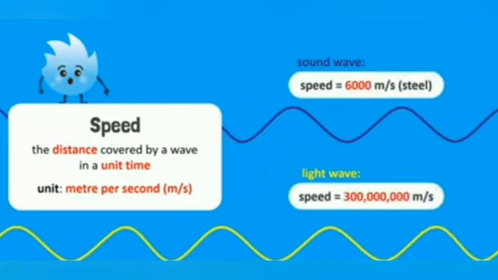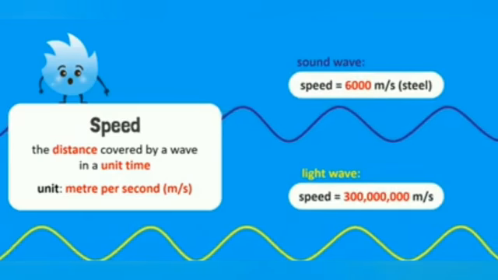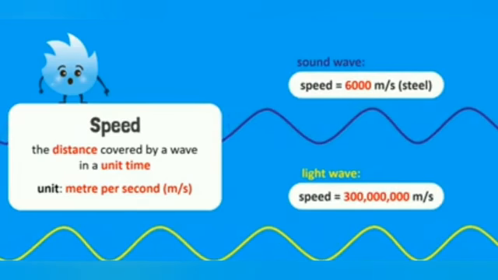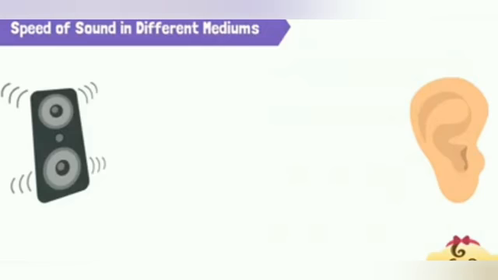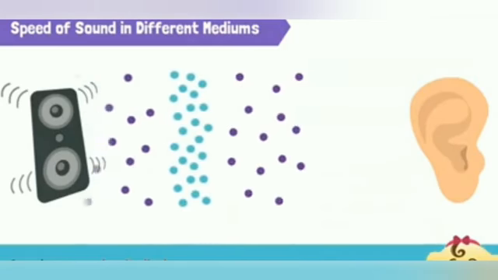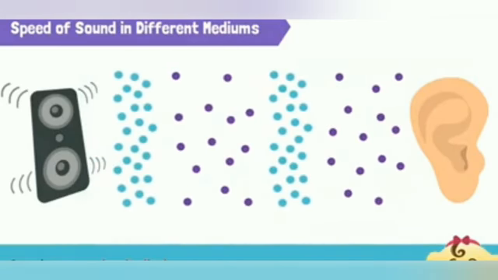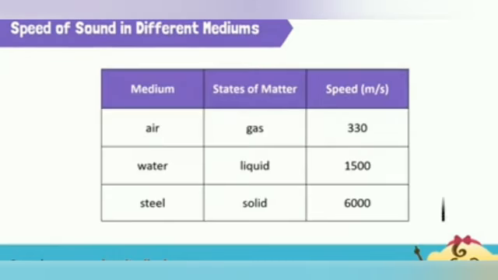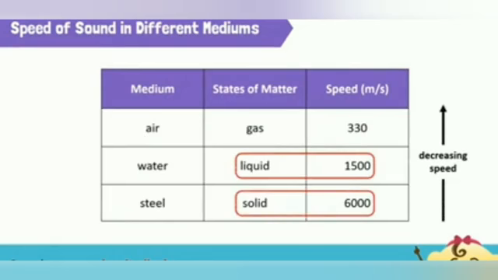Light waves travel faster than sound waves. So, we see the light before we hear the sound. Sound waves are longitudinal waves, but the speed of sound depends upon the type of medium it passes through. Look at this table. Sound travels fastest in solids, then in liquids, and slowest in air.